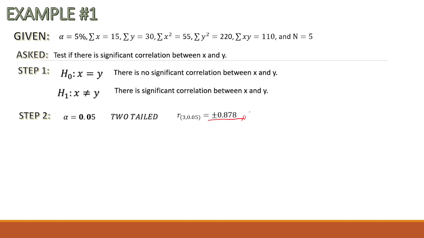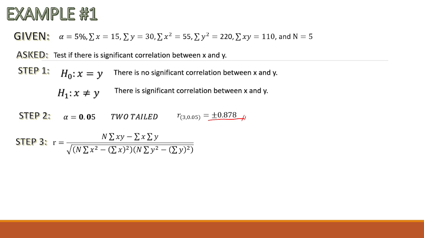we need to find the value of r natin. So, this is the formula in finding the value of r. Careful lang kayo ha sa pag-type nyo ng solution. Kasi kapag mali yung type sa calculator, mamamali na agad. Okay, so dapat tama, correct yung pag-type sa calculator. Kung paano siya tinype dito, ganun nyo rin itatype ha.